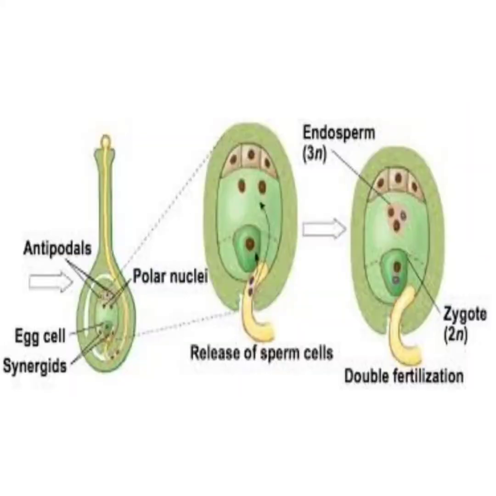In this image, you can see that one male gamete fuses with the egg nucleus and forms the zygote, which contains 2n number of chromosomes. And another male gamete or the sperm fuses with the secondary cell containing two polar nuclei, forming the 3n cell, which in future forms the endosperm.